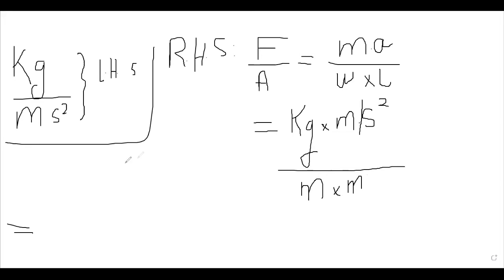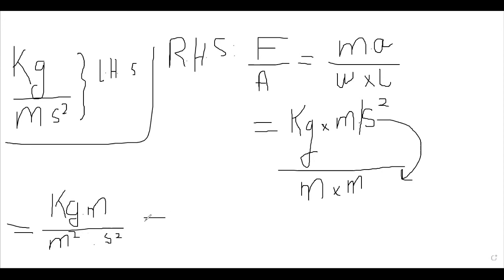Then we simplify this units equation. Kilogram stays as it is, the first meter up stays as it is, then we take the s squared down, and here we multiply m by m, it makes m square times s square.